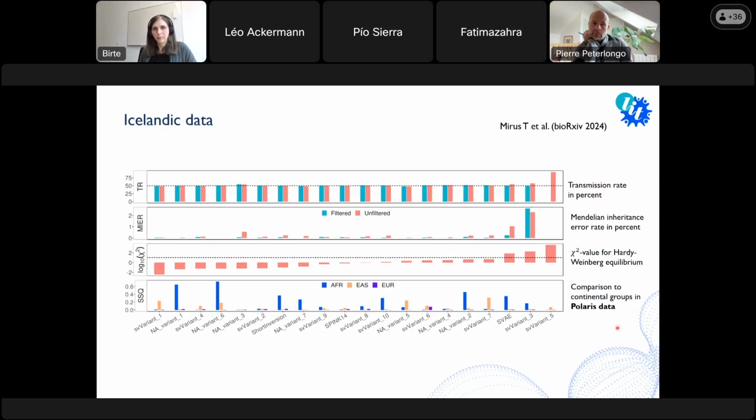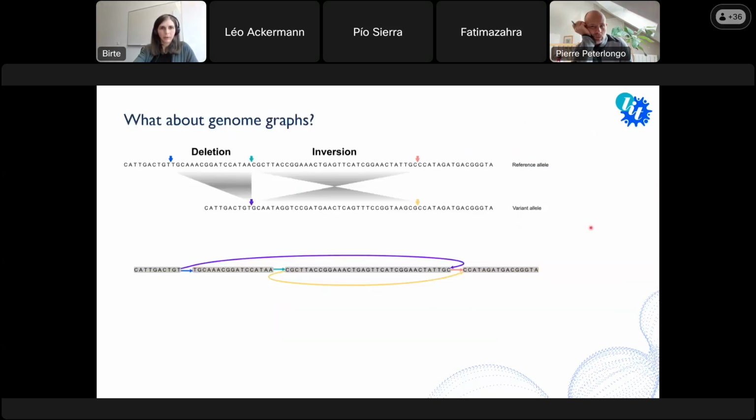And just for completeness, I'm showing the results for the Icelandic data here, where we have a Hardy-Weinberg equilibrium chi-squared value. 3 variants are not in Hardy-Weinberg equilibrium. You can see that these are the variants also that fail on the trio data with Mendelian inheritance error rate and transmission rate. Although I think the Hardy-Weinberg is actually more informative here.